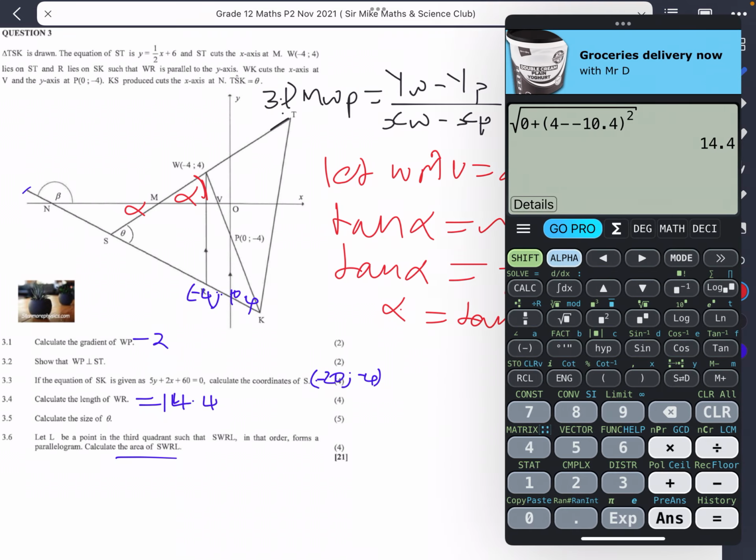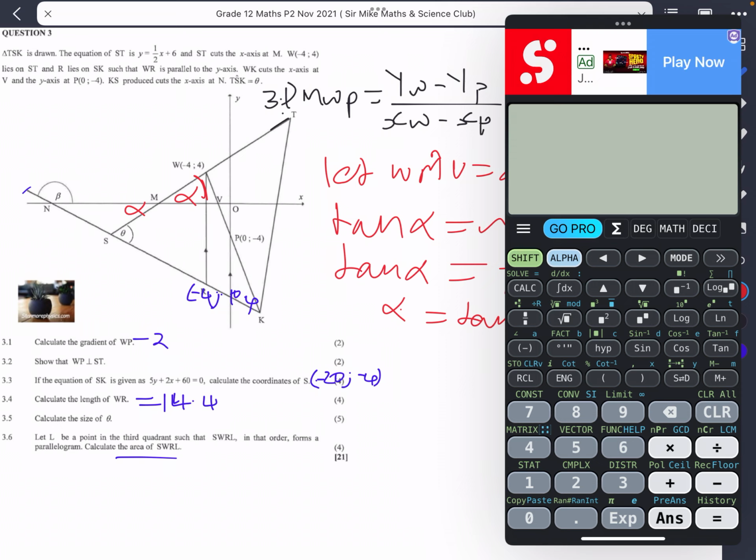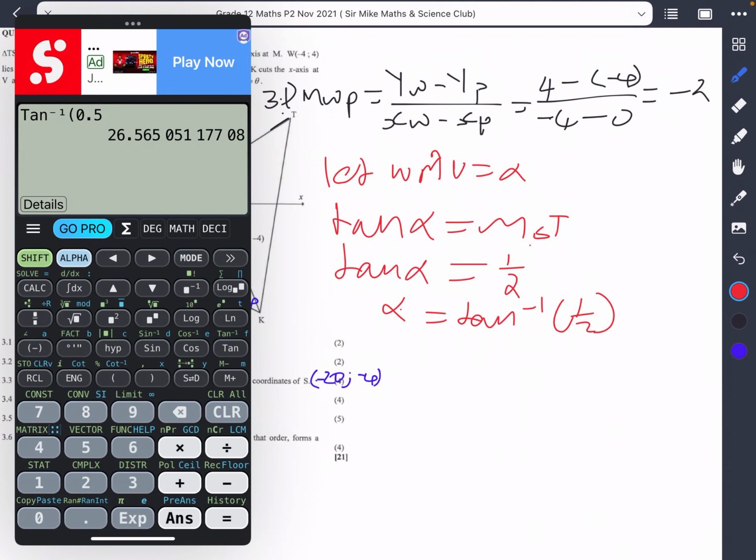Calculating arctan of 0.5, we have alpha equal to 26.